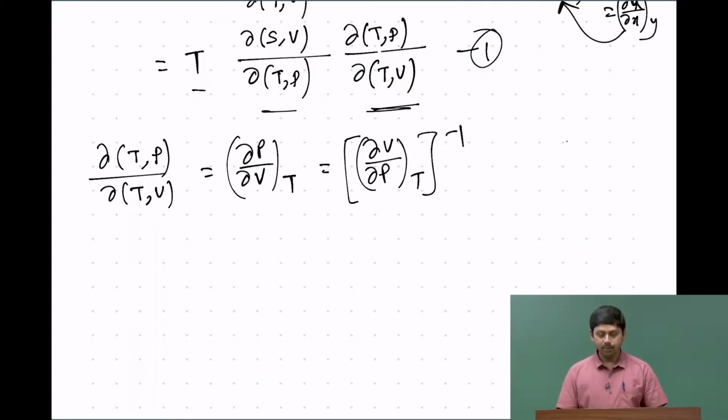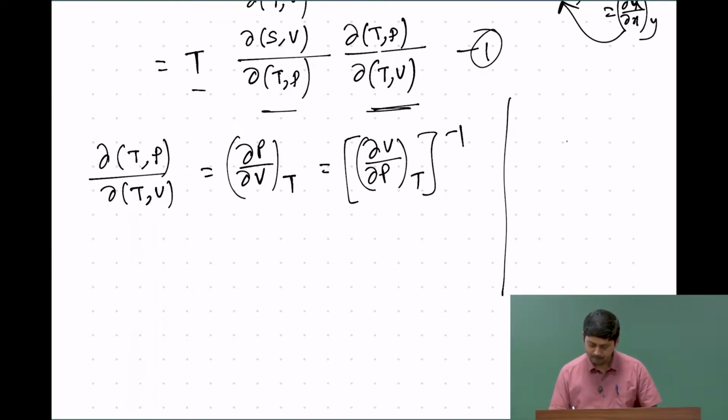Now, what is del V by del P at a constant T? You are applying pressure at a constant temperature, and therefore the volume will reduce. From the definition, the isothermal compressibility kappa T is minus 1 by V del V by del P at a constant temperature.